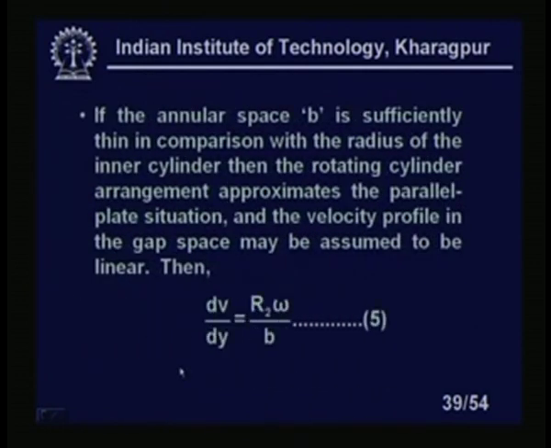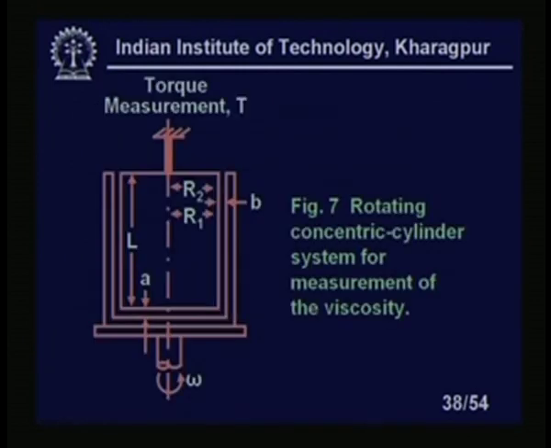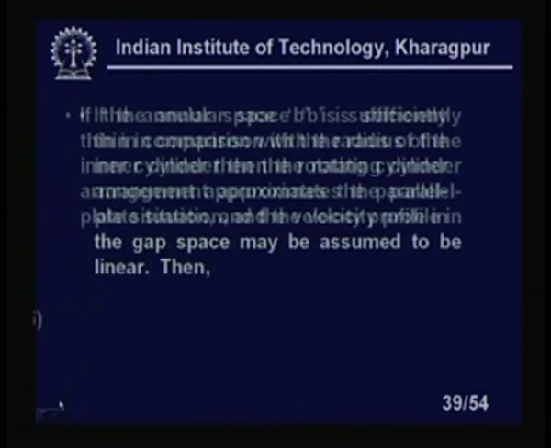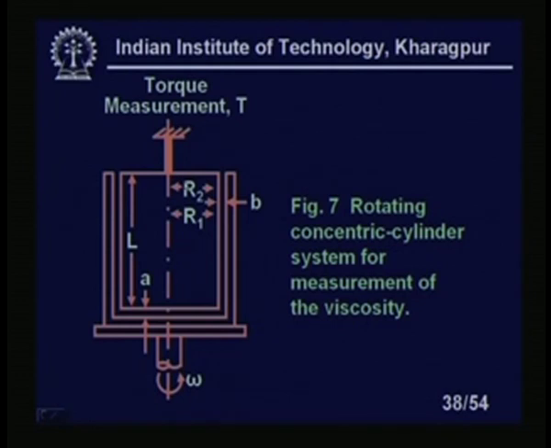If the annular space B is sufficiently thin in comparison with the radius, actually let me go back. If you look at this, R1 comes to this position, and R2 from the center should come to this one.